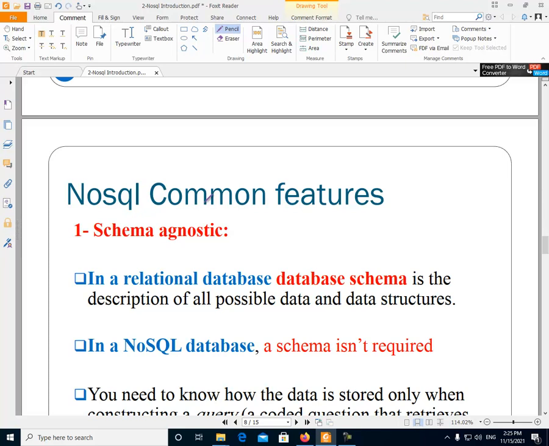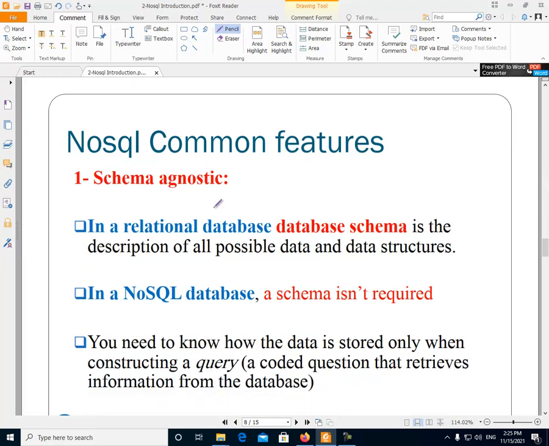Schema is the definition of the database. What data do we have? What are the attributes? What are the types of the attributes? It is the initial definition of the data. We have this schema in the relational database, but in the NoSQL database schema is not required.